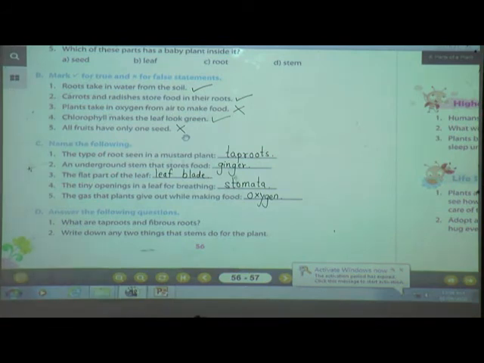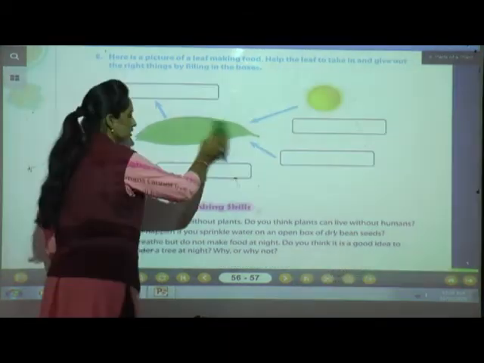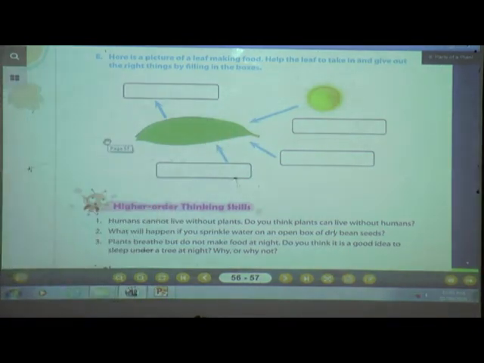Yes? Very good. Now we will solve the E question. See what is the E question? Here is a picture of a leaf making food. Help the leaf to take in and give out the right things by filling in the boxes.